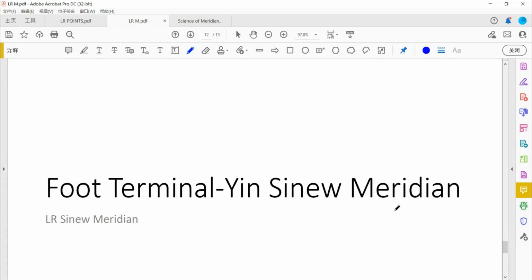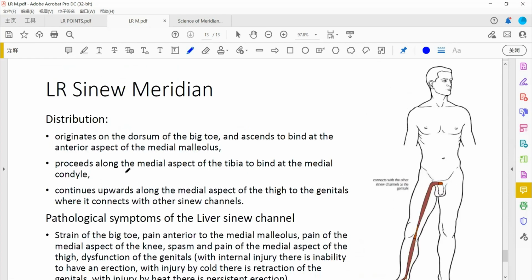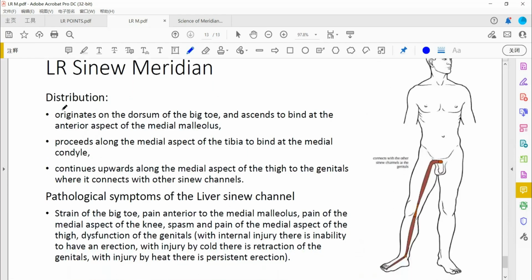For the terminal yin sinew meridian distribution: it originates on the dorsum of the big toe and ascends to the anterior aspect of the medial malleolus. Find it here, proceeds along the medial aspect of the tibia to bind at the medial condyle.